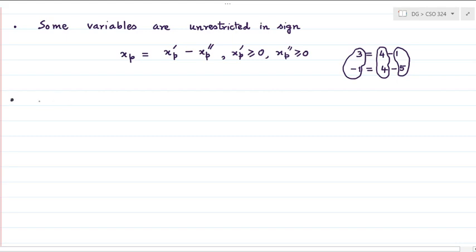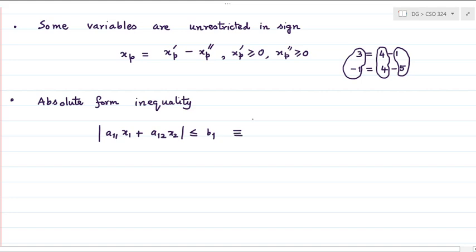You may have some inequalities which are given in the absolute form. For instance, let me consider a very specific example of two variables. Let's suppose I have the absolute value of a11x1 plus a12x2 less than equals to b1.